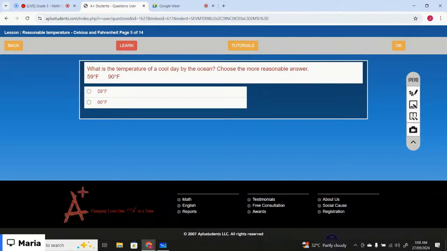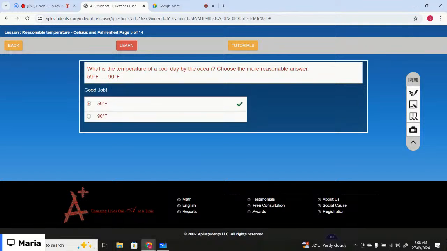That is a cool day, so that must be 59 degrees F. Option number one is the correct option.